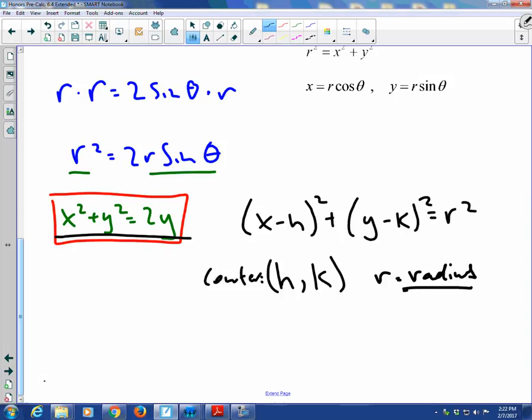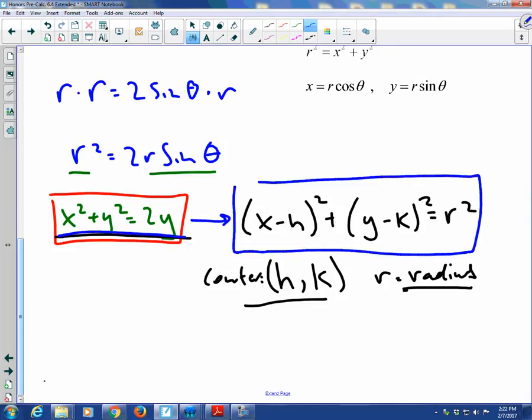So that's my challenge to you guys. I want to see if you can represent our rectangular equation in the form of that x minus h squared plus y minus k squared equals r squared that we normally think of when we think of the equation for a circle. I'm also going to give you guys some of these for homework.